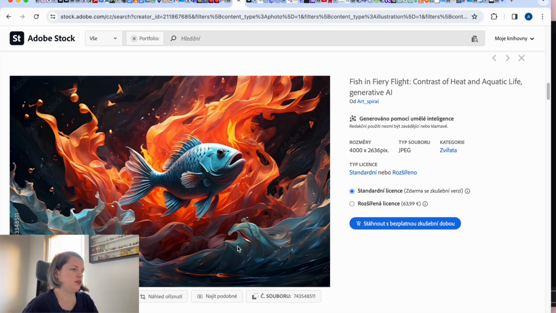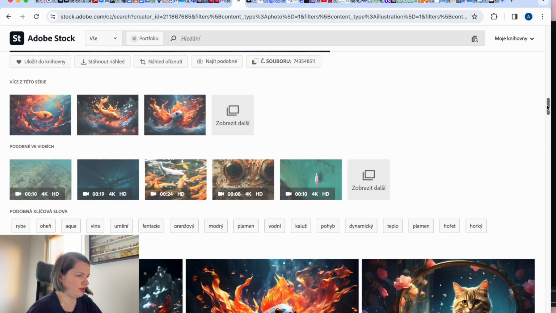So at first glance, I don't see the contrast between fire and water. And when I cannot see what the image is supposed to portray from first glance, then we have a problem. Stock photography has to be very clear, very fast. What are we trying to convey here?